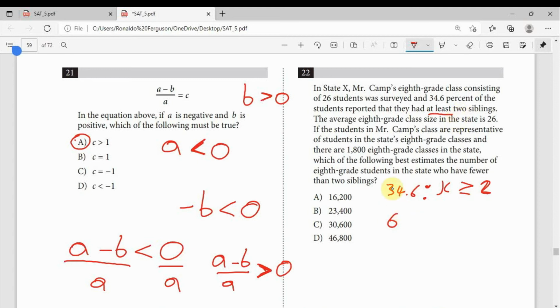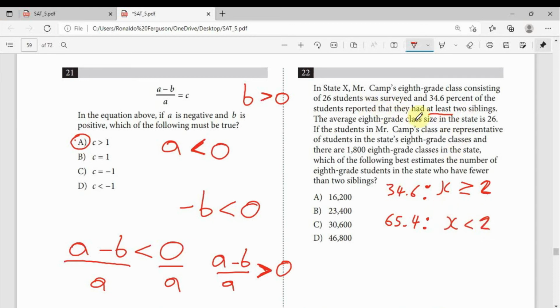So that would be what? 100 minus 34.6 is what? 65.4. So 65.4% are going to have less than 2 siblings. Alright? Let's hear what they say now.